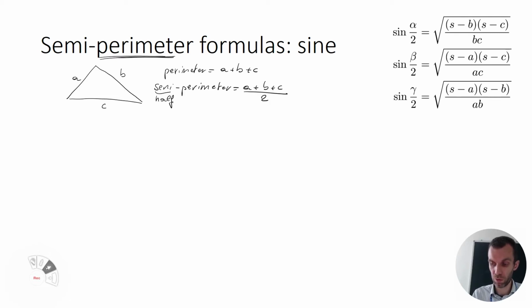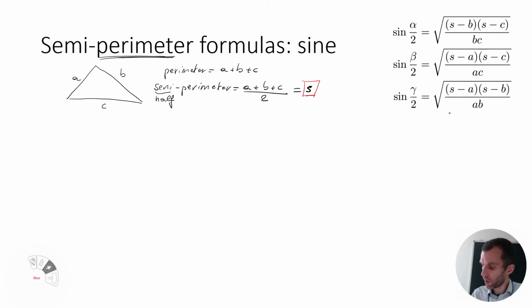Semi, as you know from other words, means half. And these semi-perimeter formulas are quite interesting. We'll denote the semi-perimeter by S. What the semi-perimeter formulas buy you is the sine of alpha over 2, the sine of beta over 2, and the sine of gamma over 2 as a function of the semi-perimeter and the lengths of the sides.